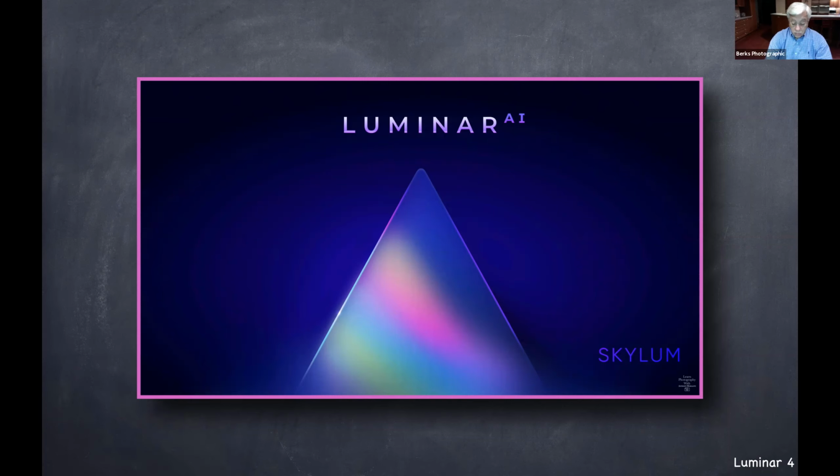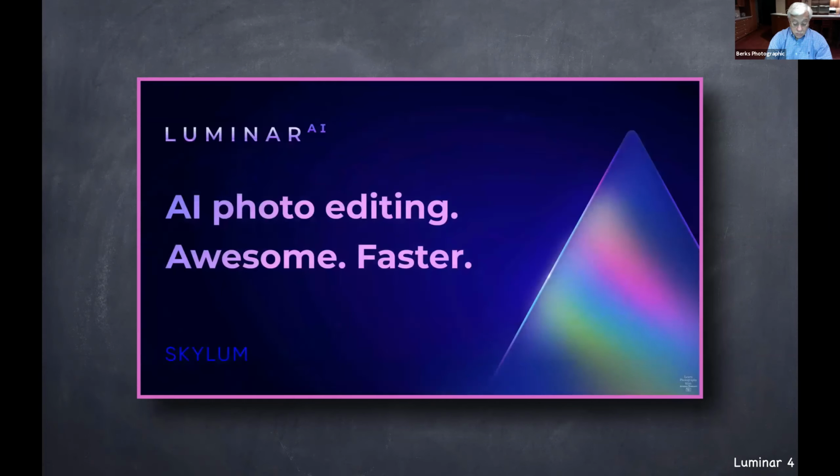And since then, I have seen a couple of reviews of the beta version of AI, and it is interesting. There's a lot more AI photo editing. It really is awesome, and it's much faster.